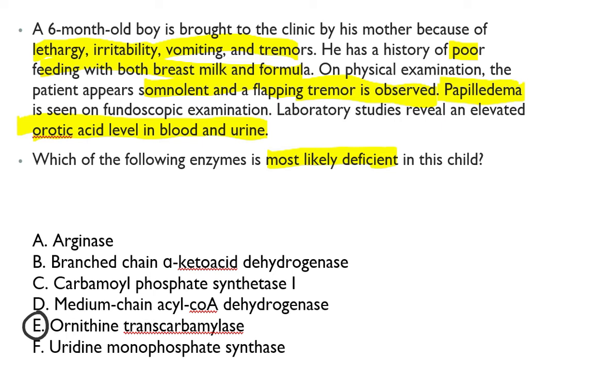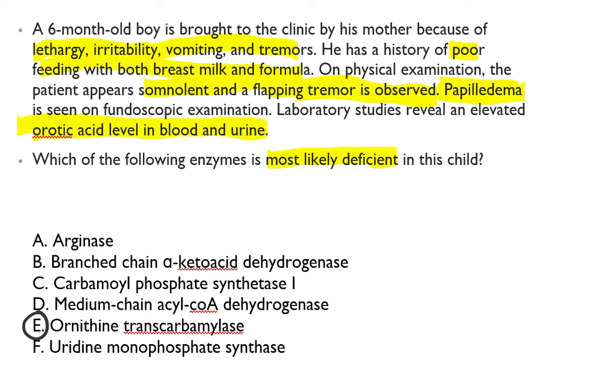So let's run through the answer choices. So arginase. This is a really interesting answer choice because arginase converts arginine into urea and ornithine. If you don't have enough arginase, then urea and ornithine are not able to be created. So the enzyme ornithine transcarbamylase does not have as much substrate to be acting on.